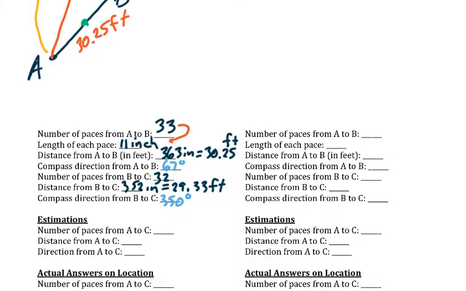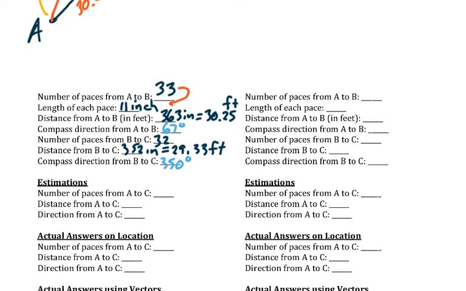But before I do that, while I was outside, I just used my eyes, starting from A and looking to C. I guessed that it would take me probably about 50 steps or 50 paces to get from A to C. That would be 50 times 11 inches each, about 550 inches, which, divided by 12, would be about 45.83 feet.